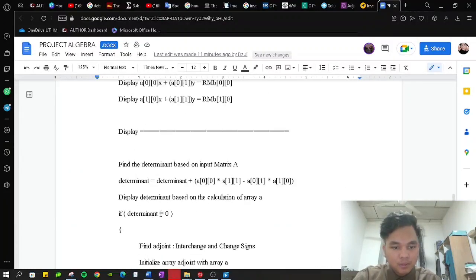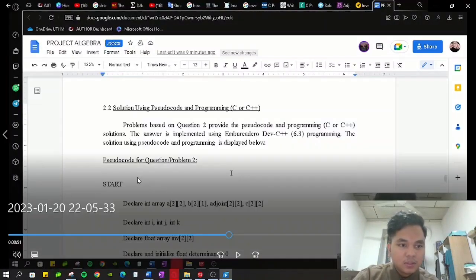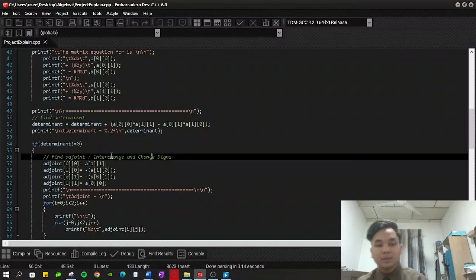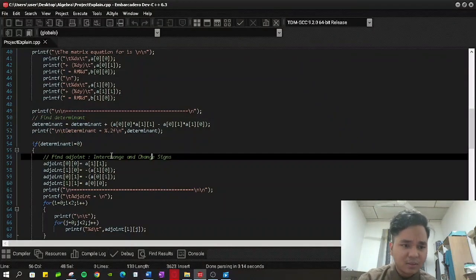Okay, sorry. So if determinant is not equal to 0, if the determinant has a number, it has a solution. If determinant equals 0, it does not have a solution.